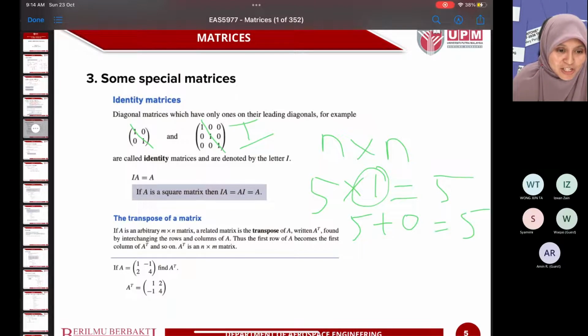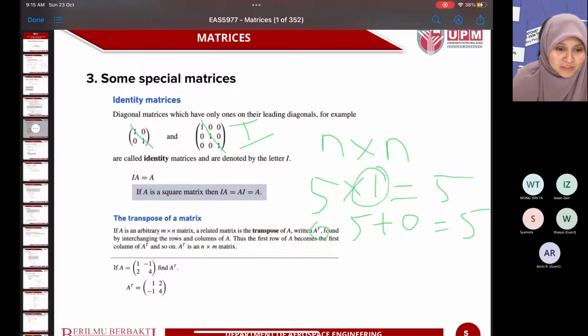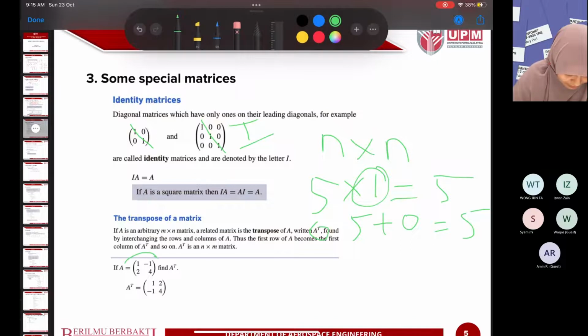Okay, the second one is the transpose of a matrix. We call it the transpose of matrix A, written as A^T. We interchange the rows and columns, each value in the row and column of matrix A. For example, here we have matrix A: 1, negative 1, 2, 4. To find the transpose of A, we switch the rows and columns.